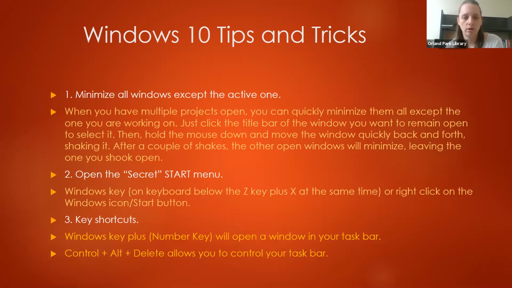Rather than just going to the lower left portion of our screen and clicking on the Windows key, I can also take my Windows key, a key on the keyboard just below the Z key, and press that, plus at the same time press the X button. If you press them together, it will open up a Windows icon or the start button.